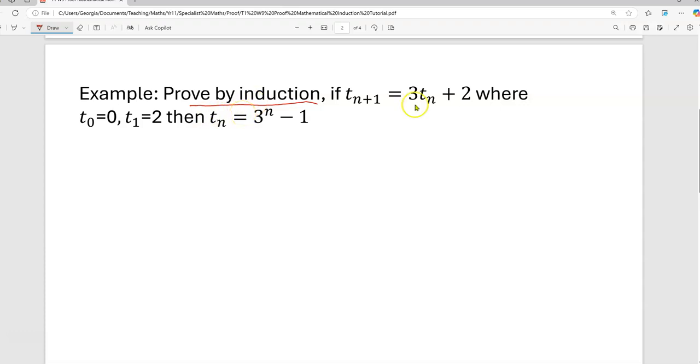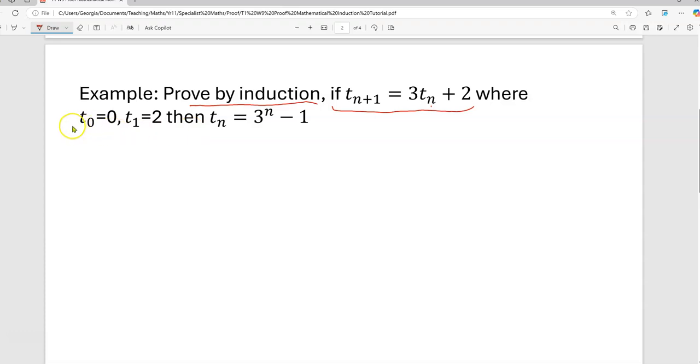So this is asking us to consider some mathematical notation or formula. This is a recurrence relation for working out the next value in a series. It's saying the (n+1)th value is equal to 3 times the previous value plus 2.